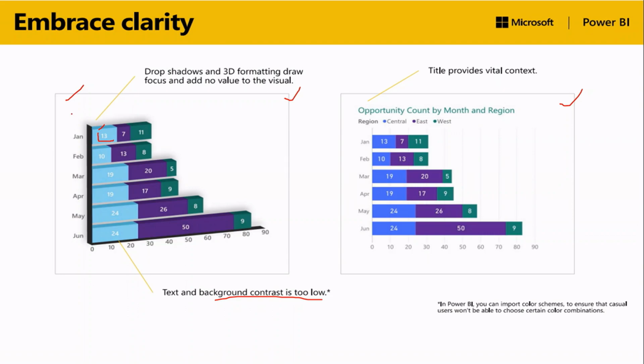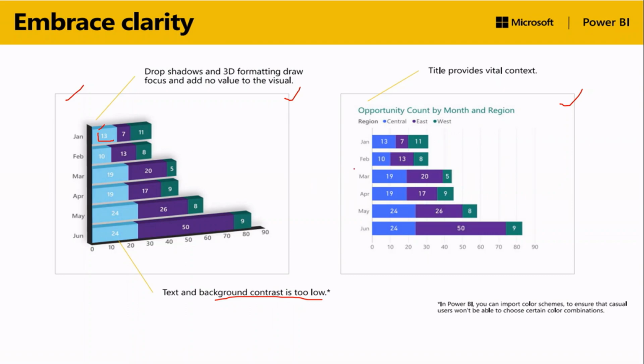Also, the developer has made it 3D. Let's say you are sharing this visualization with an executive leader or someone in higher leadership, and they want to take a screenshot and put it in their PPT. It won't make sense, because generally a PPT has just some text and a couple of screenshots, and a 3D visualization won't look good there.